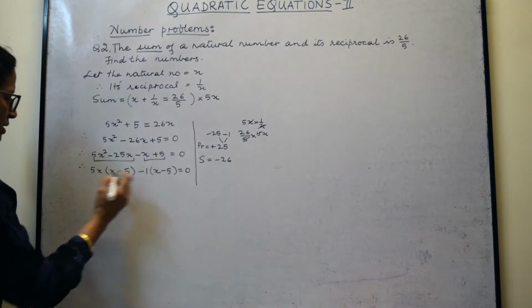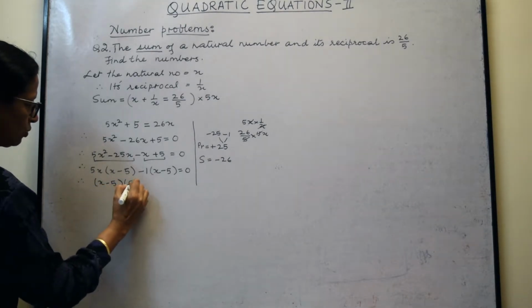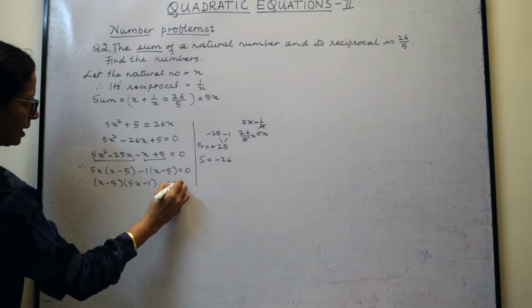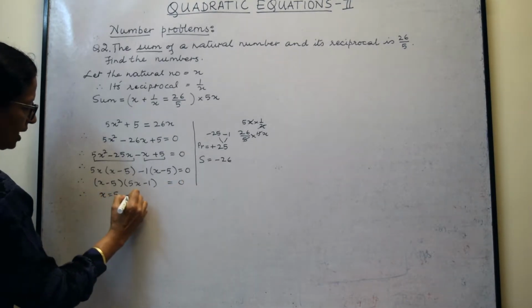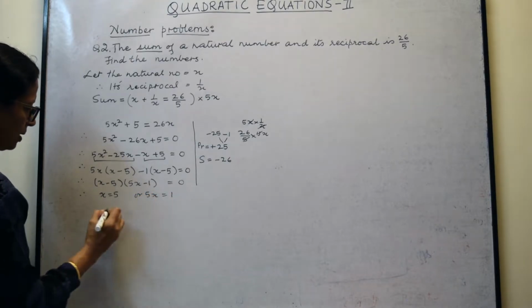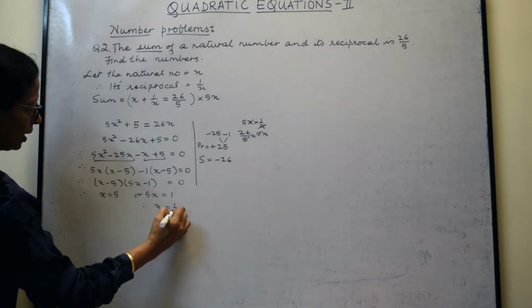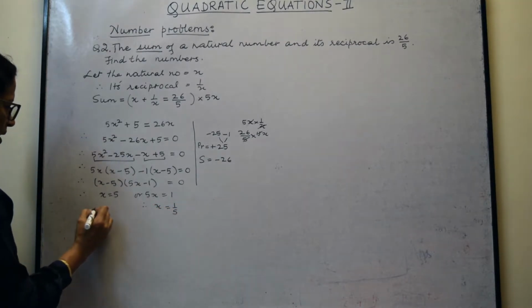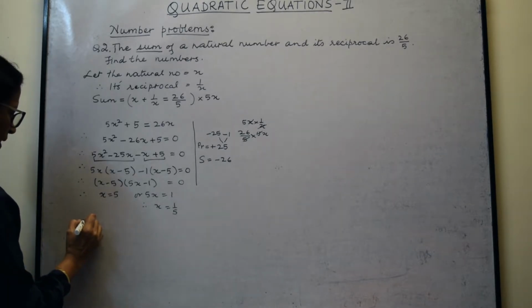Now you'll see x minus 5 is common. So therefore you will have x minus 5 into 5x minus 1, and that's equal to 0. Therefore x is equal to 5, or 5x is equal to 1. Therefore you will have x is equal to 1 upon 5. So you have x is equal to 5 or x is equal to 1 upon 5.